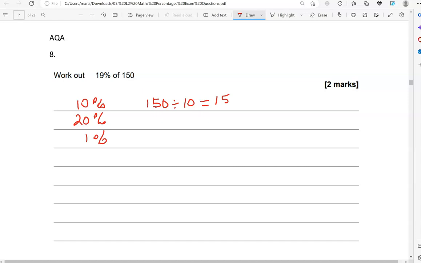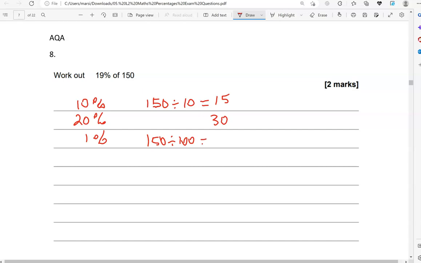20%, that's going to be double that, so that is 30. 1%, that is 150 divided by 100. And we can't knock off 2 zeros because we've got 150, so that means moving the decimal point now 2 places to the left.